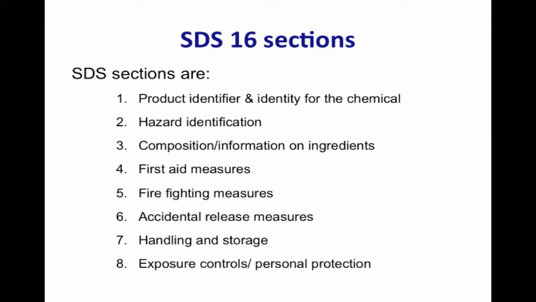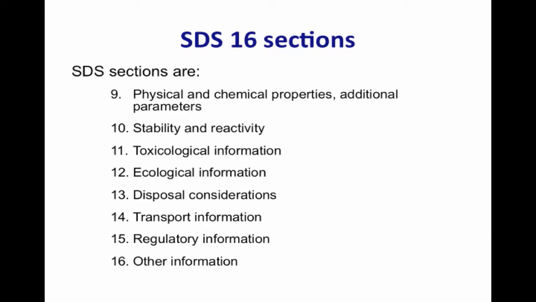The safety data sheet sections are product identifier and identity for the chemical, hazard identification, composition or information on various ingredients, first aid measures, firefighting measures, accidental release measures, handling and storage of the chemical, exposure controls and personal protection, physical and chemical properties and any other additional parameters, stability and reactivity of the chemical, toxicological information, ecological information, disposal considerations, transport information, regulatory information, and any other information.